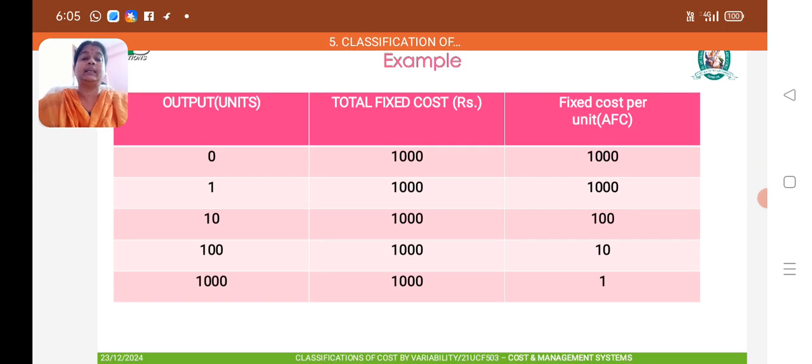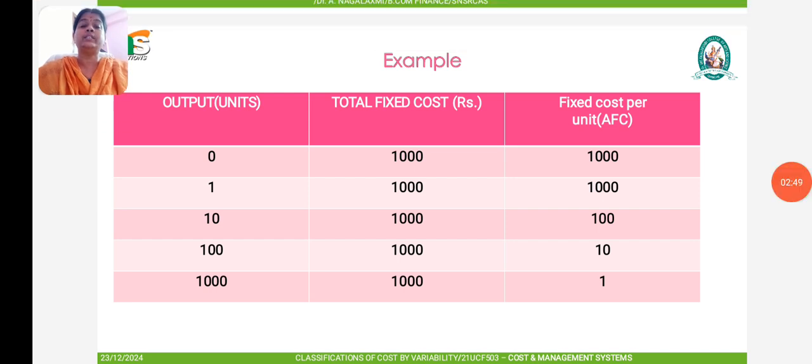There is an example given. For 0 units of output, total fixed cost is 1000. If the volume of output is 1, total fixed cost will be 1000. If the volume of output is 10, the fixed cost per unit will be 100.